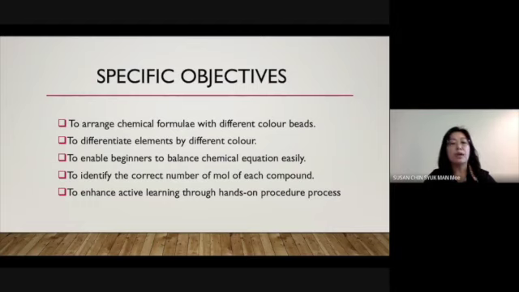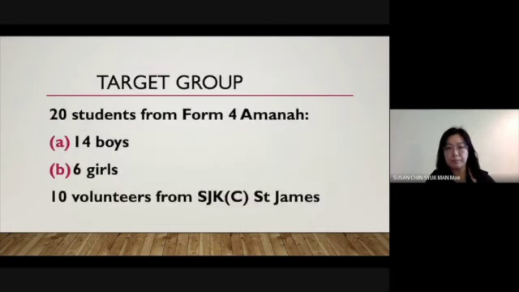Number three, to enable beginners to balance chemical equation easily, even students without any chemistry background like primary students, they are able to achieve this. Number four, to identify the correct number of mole of each compound. And lastly, to enhance active learning through hands-on procedure process.